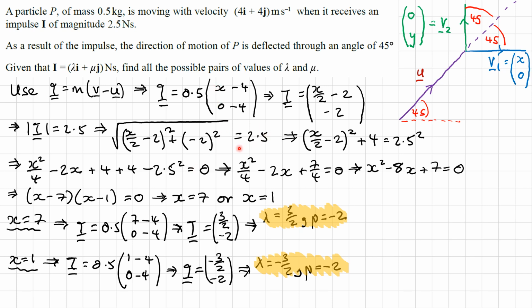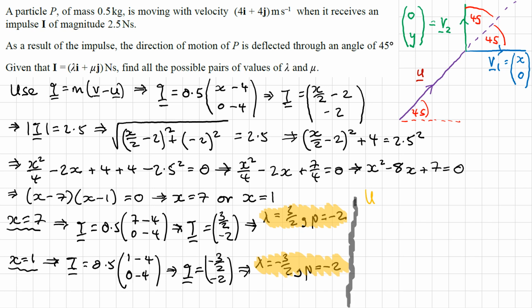All of my working would look the same, except the values at the top and the bottom would be reversed, because the way I got these numbers was because I had x at the top and 0 at the bottom. So by using the other velocity, V2, these numbers would be the other way up. So let's just write that down over here, and we'll get our other two values.